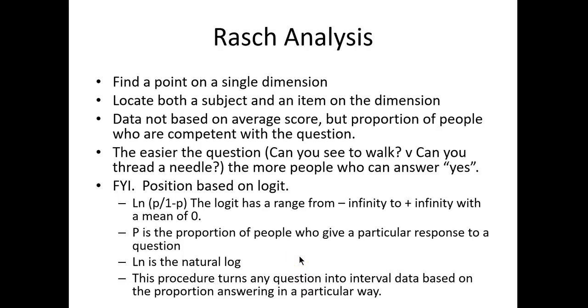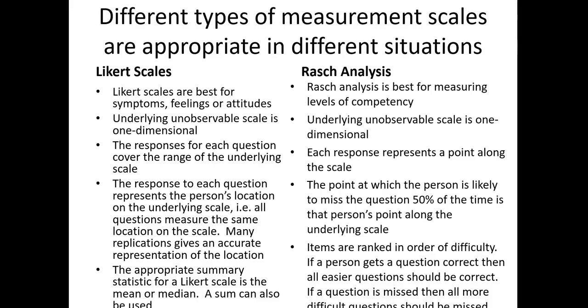So Rasch analysis doesn't have to worry about making sure everything is cumulatively normal. It just works to give an interval point, and the point between questions isn't necessarily equal. You don't have to have that equal interval stuff. Based on the proportion, the frequency of people who answer a question, that gives you the interval data.